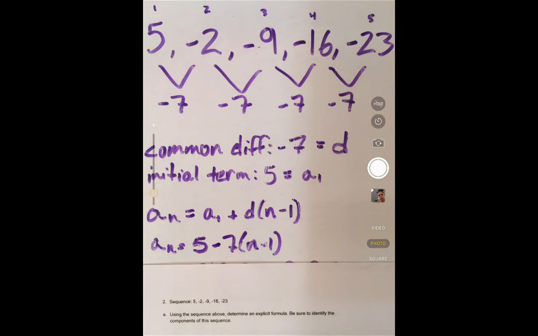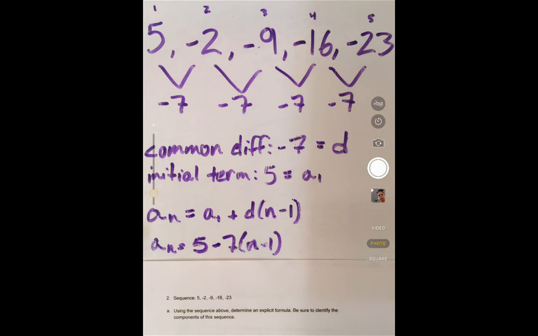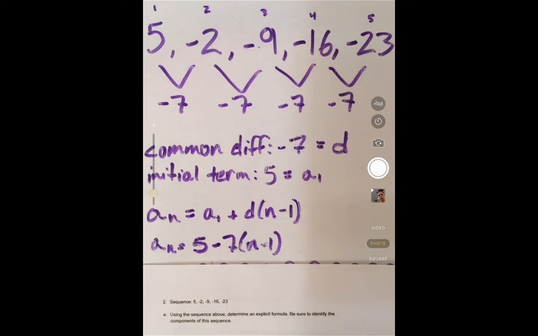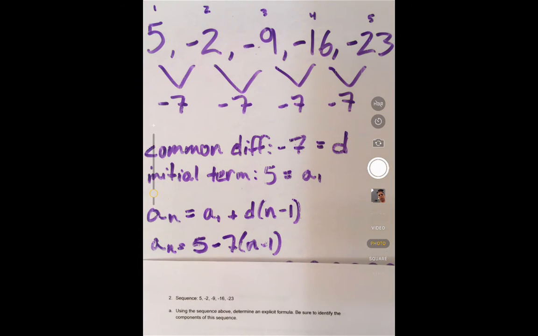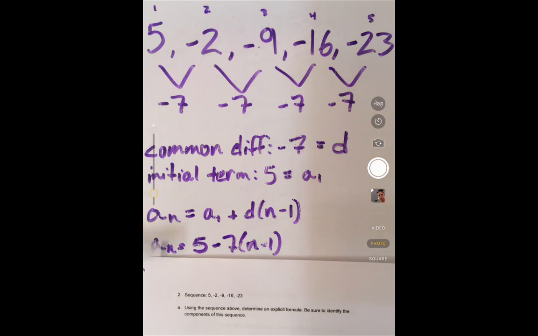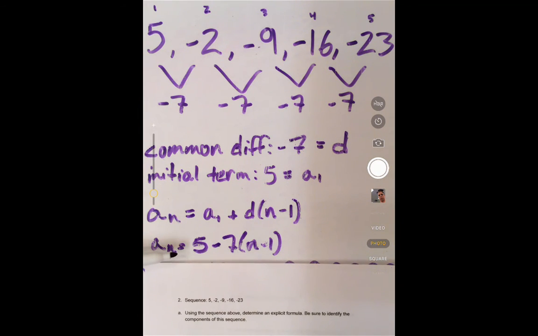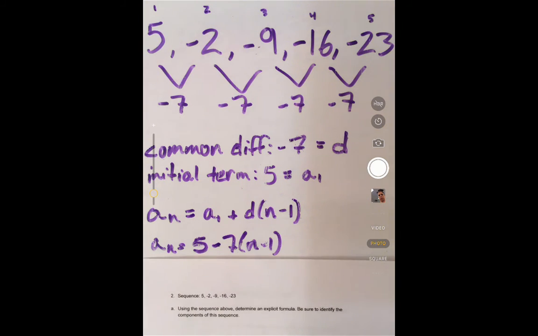Okay? So all of this would have been full credit for part 2A. Once again, you've identified the parts of the arithmetic sequence, you have the explicit formula, and you have substituted correctly.